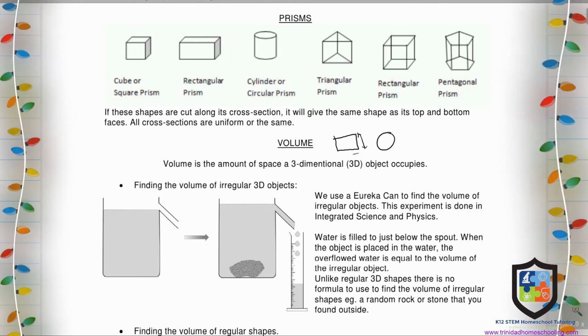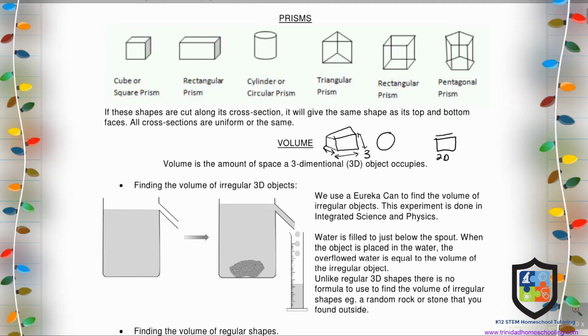It has length, and 3D objects also have a width. So we have 3 dimensions that we're looking at. In a square, which is 2-dimensional, we just have length and a height.